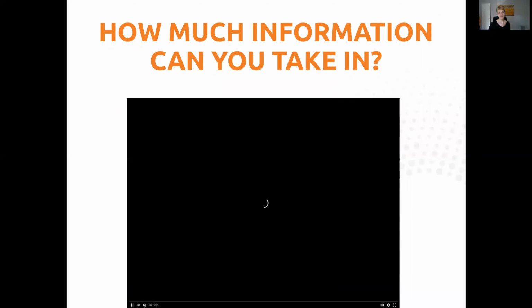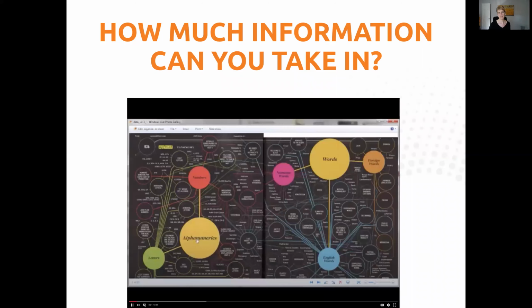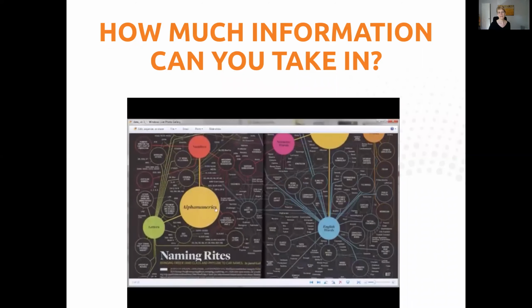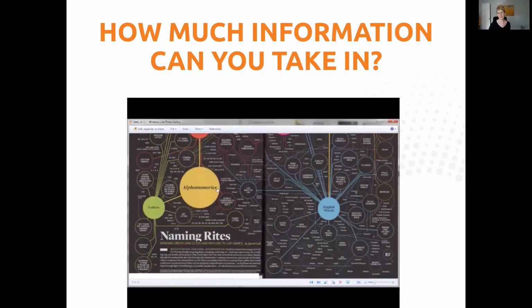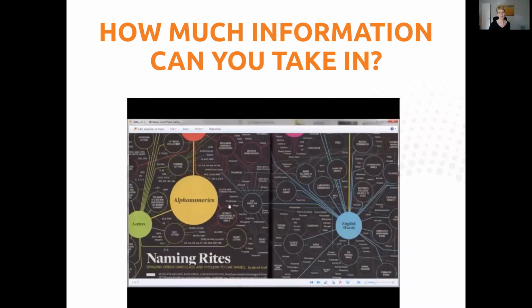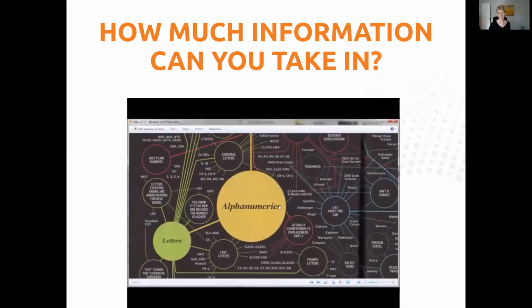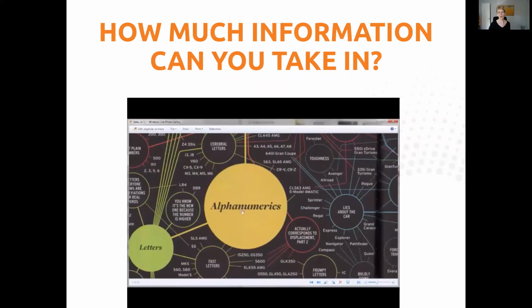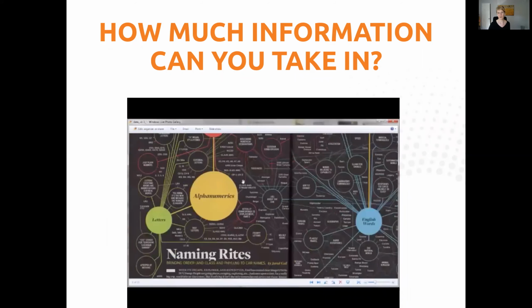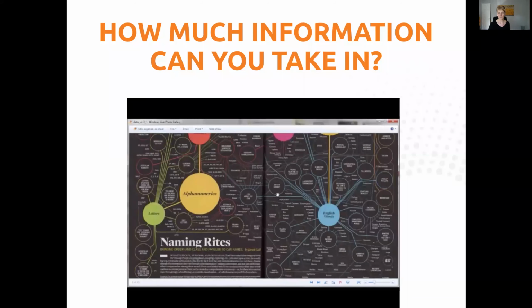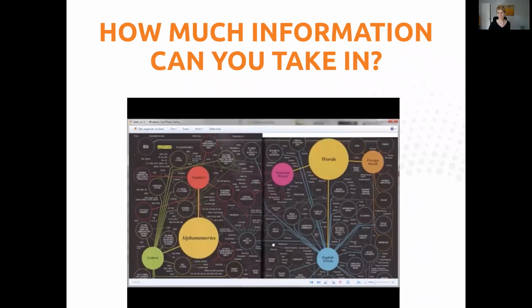So I also want to stretch you a little bit in terms of thinking about what is visualization. It's not always just charts and graphs. This is an example from Car and Driver magazine where they wanted to look at all the different names of cars. So you would not normally even think about this as data, right? They're just words, but they do have patterns.